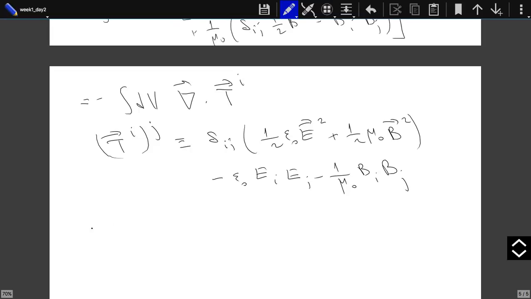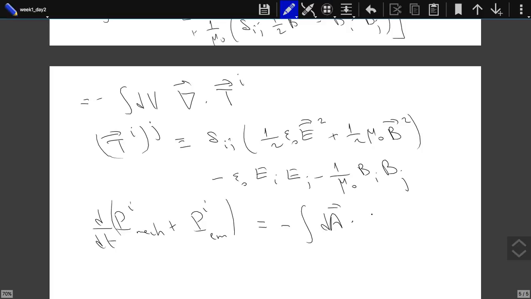And with this definition, you take the i component of the mechanical momentum, the i component of the electromagnetic momentum, you take the total linear momentum within a volume, and the rate of change of the linear momentum within that volume is equal to minus some surface integral of Ti.